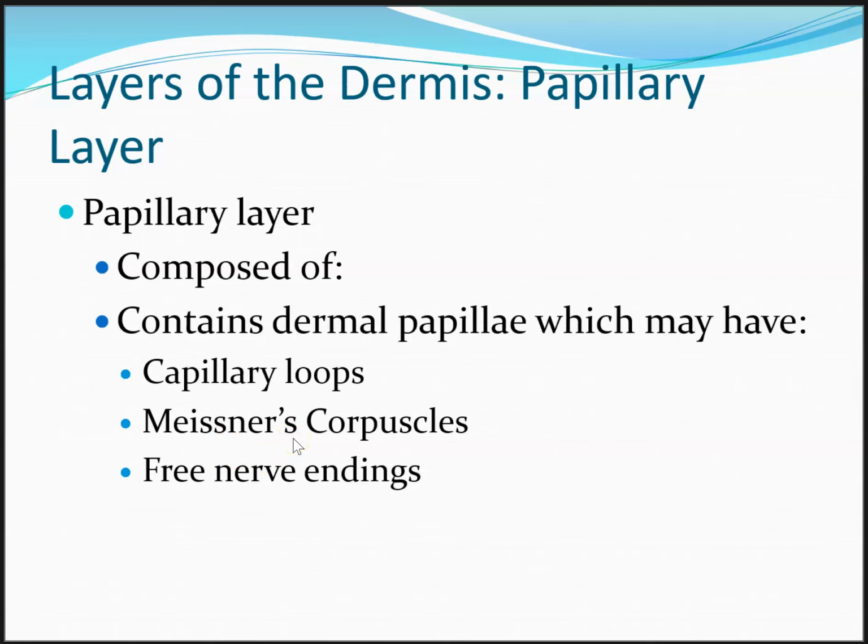So again, I'd like to talk about the papillary layer, which contains some important nerve endings especially. They contain capillary loops that provide nutrition and oxygen to the cells in the integumentary system, and they also contain something known as Meissner's corpuscles.